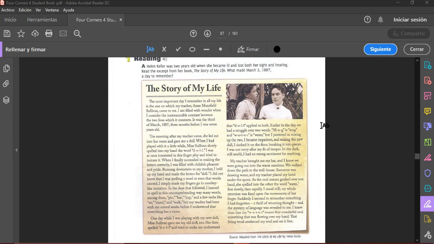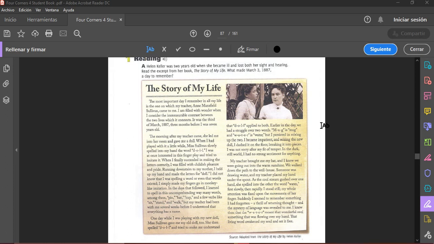The morning after my teacher came, she led me into her room and gave me a doll. When I had played with it a little while, Miss Sullivan slowly spelled into my hand the word D-O-L-L. I was at once interested in this finger play and tried to imitate it.